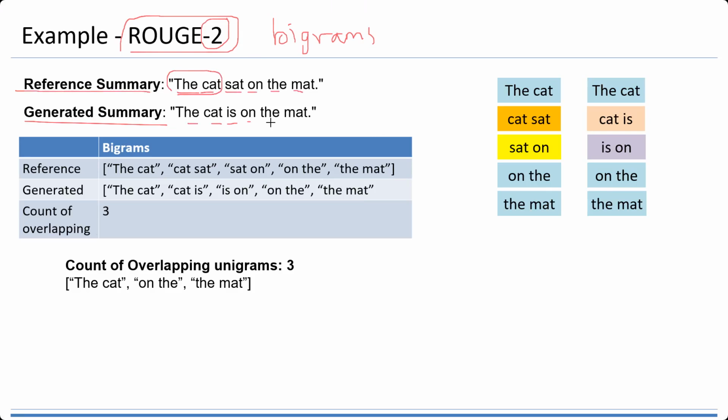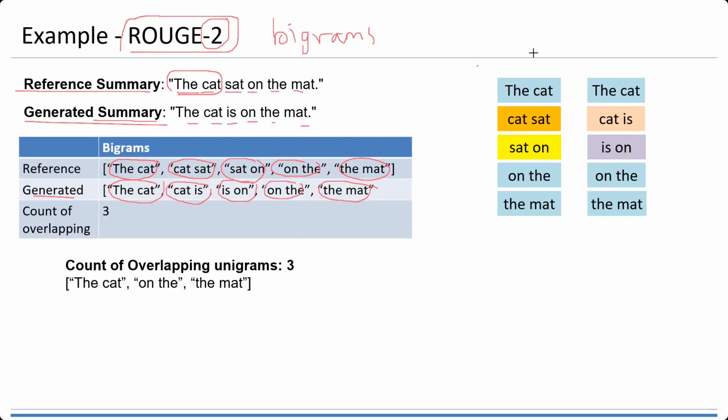The cat is on the mat. Then we want to get every 2 words. The bigrams will be: the cat, cat sat, sat on, on the, the mat. For the generated summary, we have the cat is on the mat.